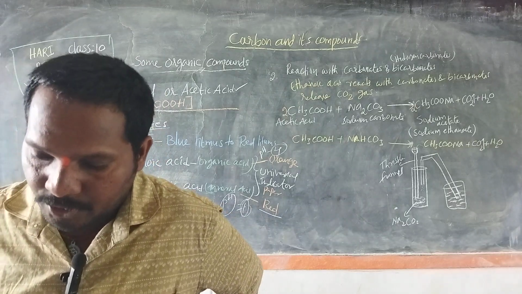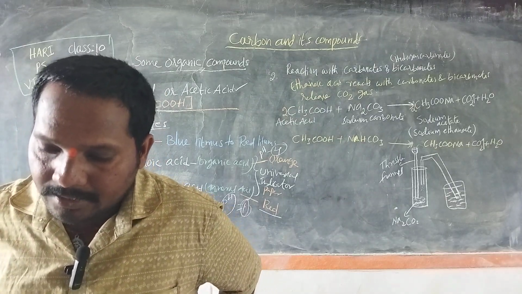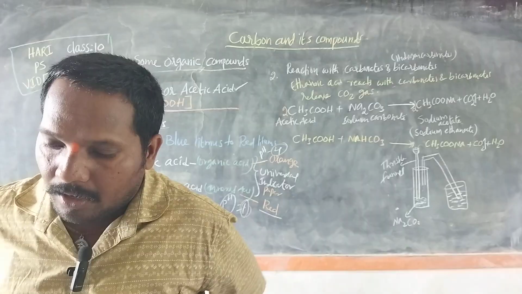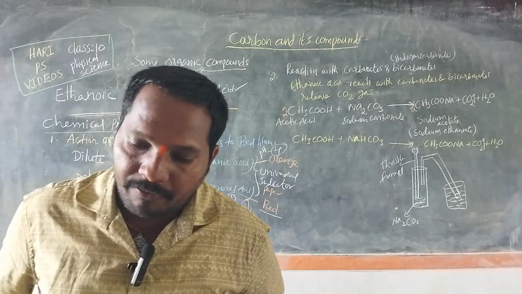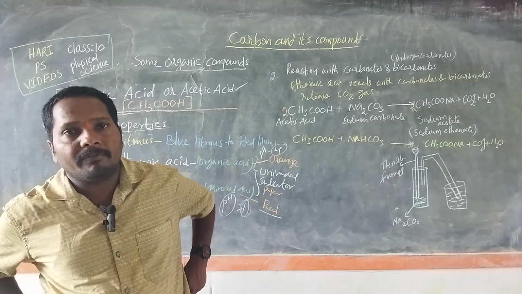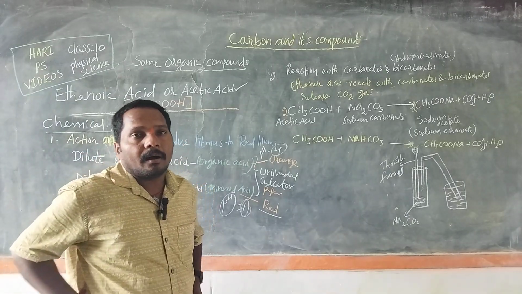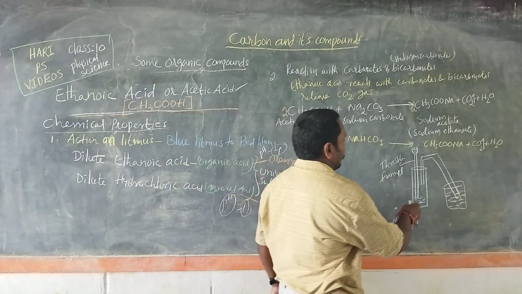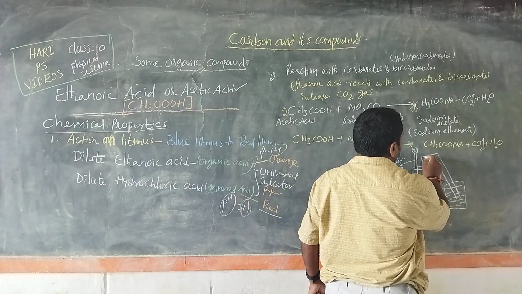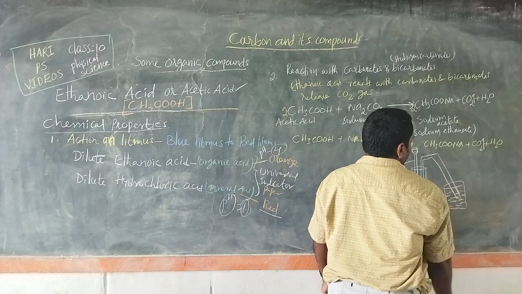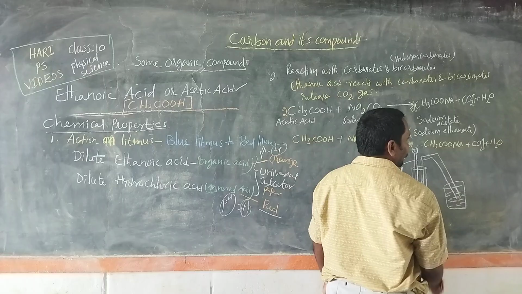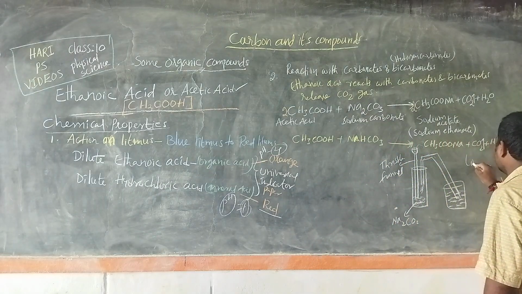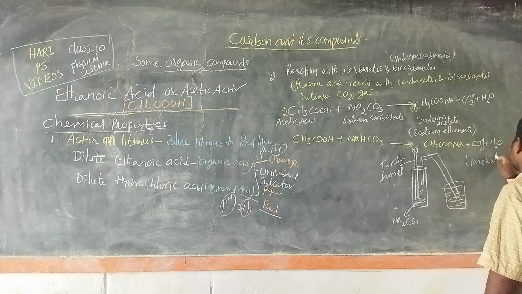Brisk effervescence means some gases are liberated, giving brisk effervescence. Gas is produced. This brisk effervescent gas is transferred to lime water. Then the lime water turns milky white.